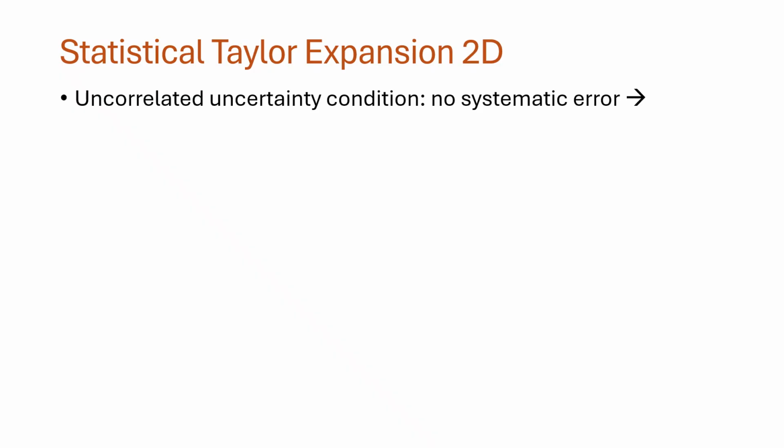The standard Taylor expansion has a condition called the uncorrelated uncertain condition, which means without systematic error, any two input variables to the static Taylor expansion can be considered independent of each other, so that their combined probability density function equals the product of the individual probability density functions.